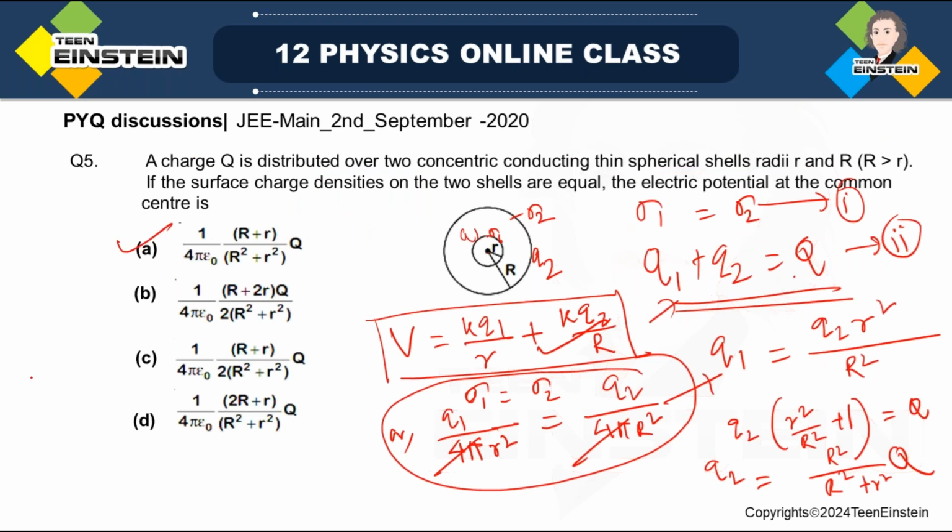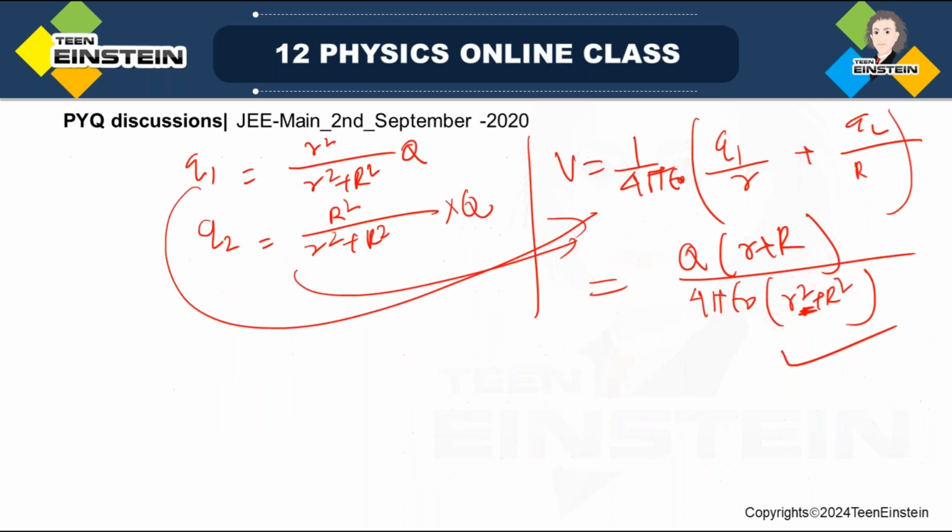First option is correct. So what was the point here to note? You had to actually find out what are the charges on the smaller surface and the outer surface, or the bigger surface. What is the charge on the smaller cell and on the bigger cell, conducting cell? So that is what we had to find out first.